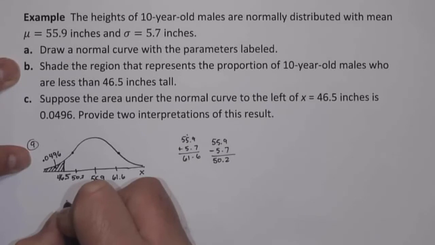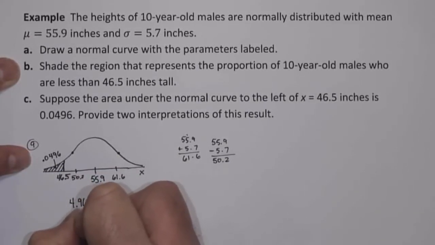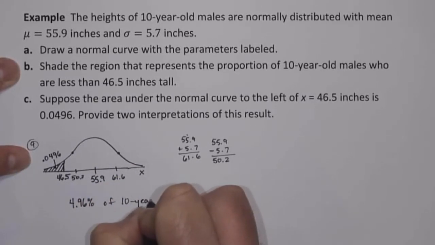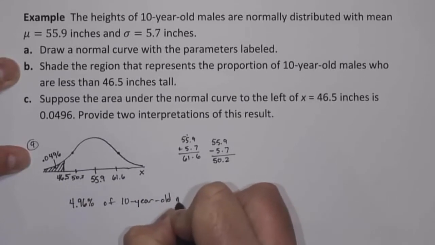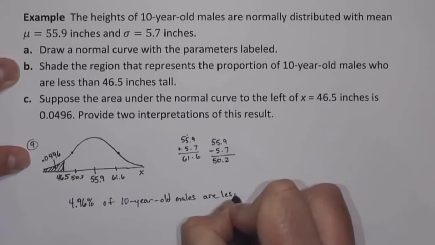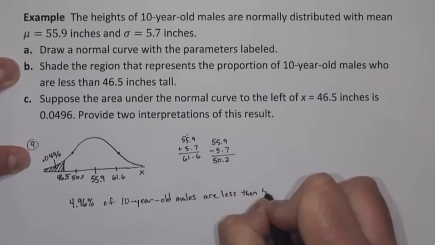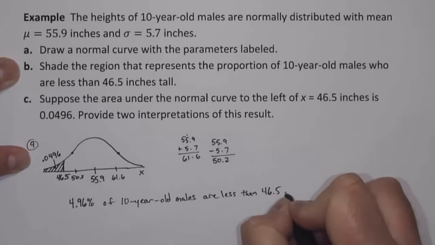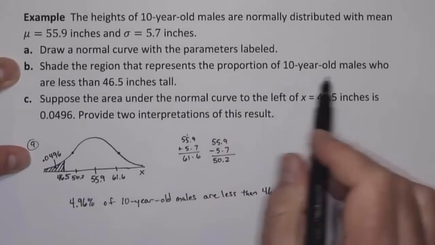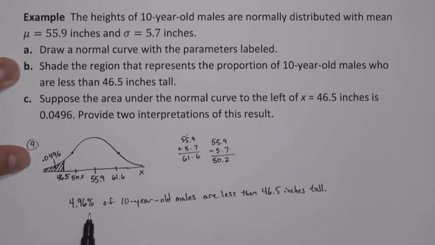So the first one: this would mean that 4.96% of 10-year-old males are less than 46.5 inches tall. So out of all 10-year-old males, about 4.96% of them are less than 46.5 inches tall.